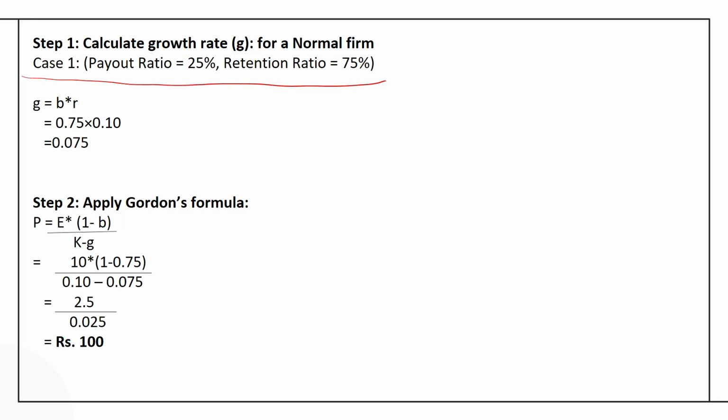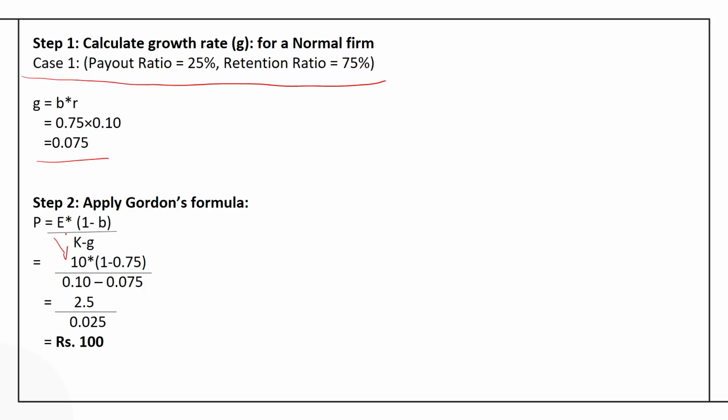So, the growth rate, which is a product of b, the retention ratio, into r, the rate of return, gives us 7.5% or 0.075.